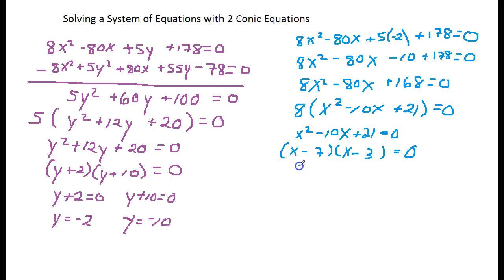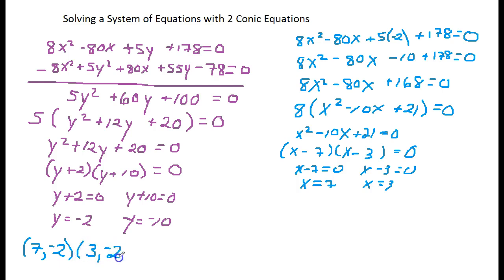So if x minus 7 equals 0, that means that x will equal 7, and x minus 3 equals 0. Add 3, and we get x equals 3. Okay, so what does that tell me? That tells me part of my solution is going to be 7, negative 2, and 3, negative 2.